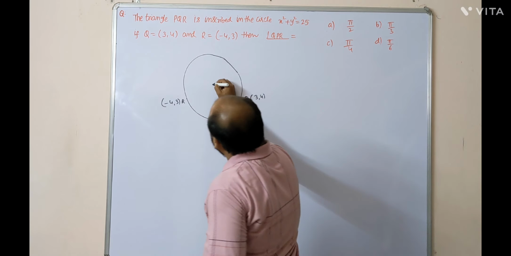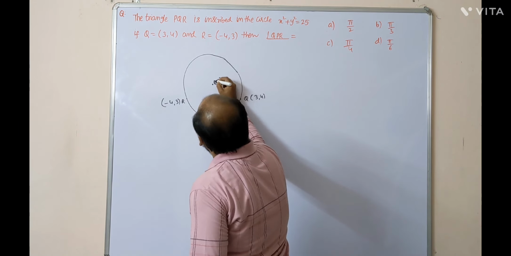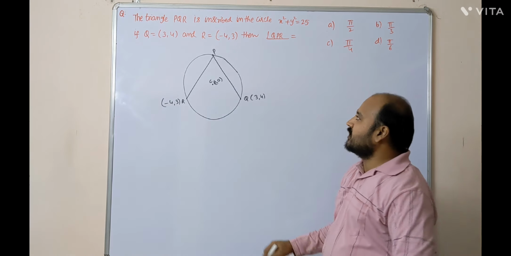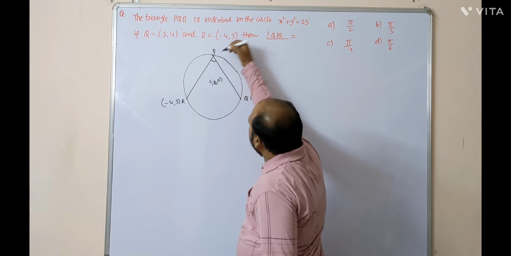Circle center 0, 0, here C I am taking, and P also there now. This P pointer. This angle they are asking.